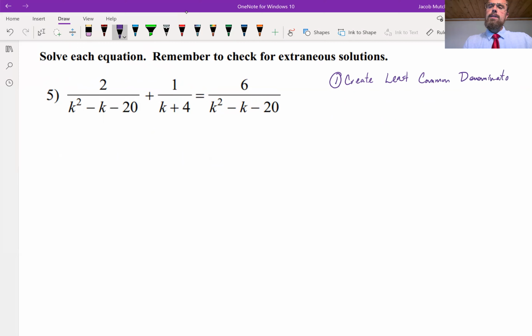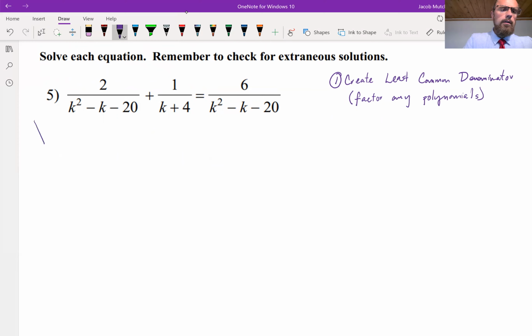Now, as part of this task, one thing that we should do at the outset of any rational equation is I should factor any polynomials. So as I create my least common denominator, I'll help myself out a lot by factoring k squared minus k minus 20.